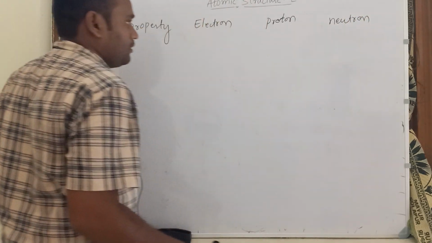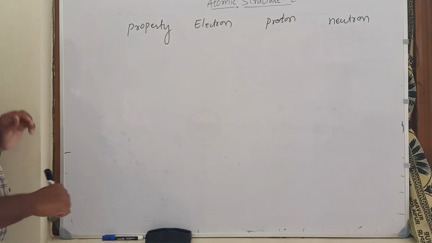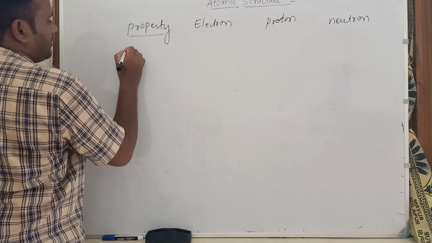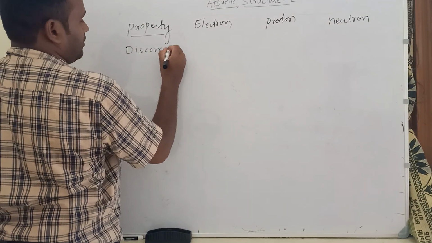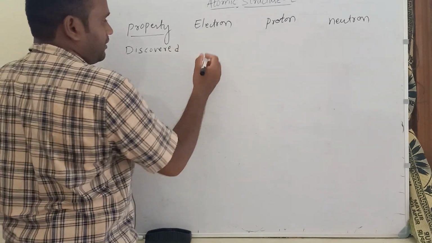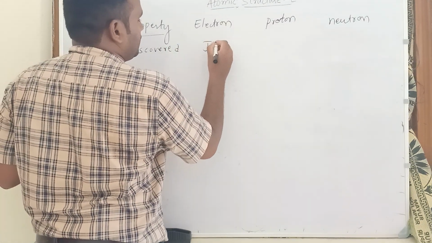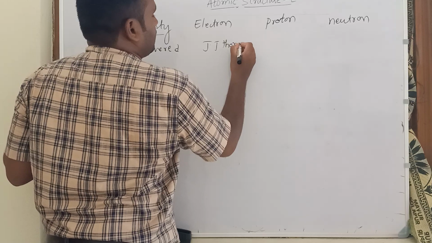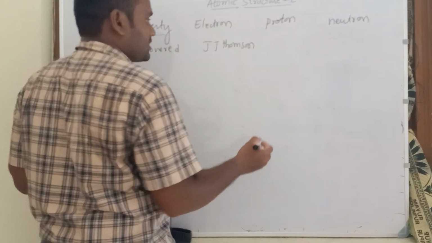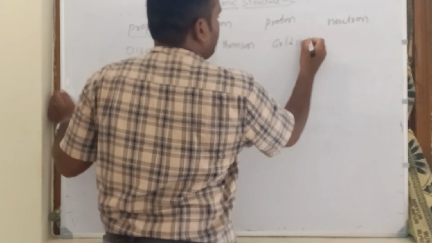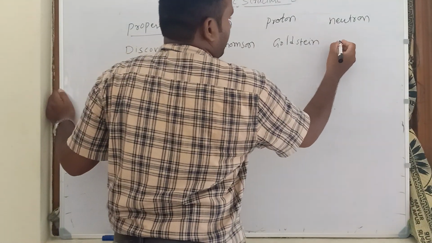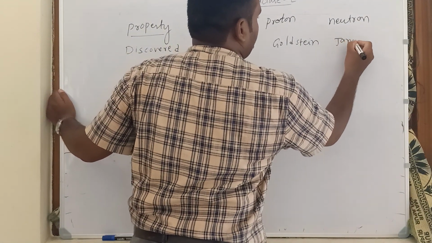First, discovered by: electrons are discovered by J.J. Thomson, protons are discovered by Goldstein, and neutrons are discovered by James Chadwick.